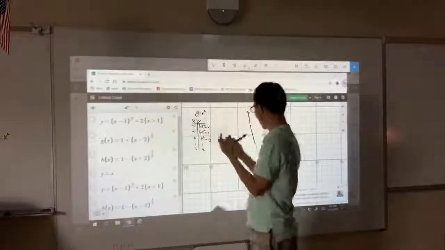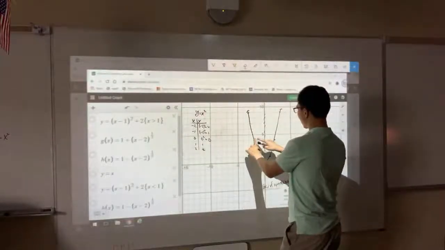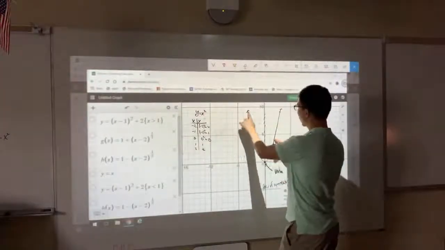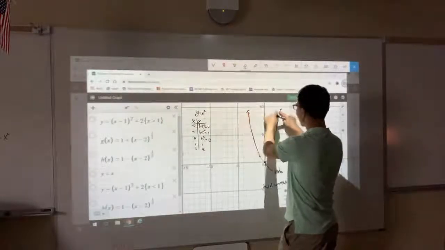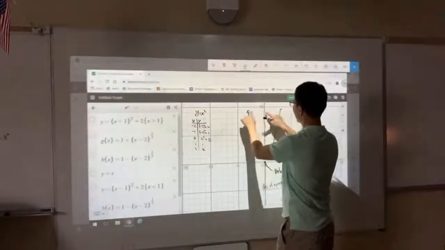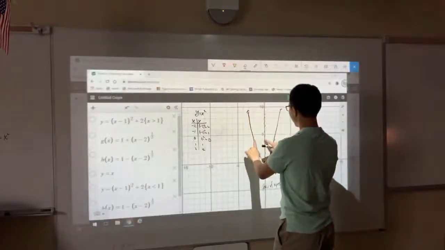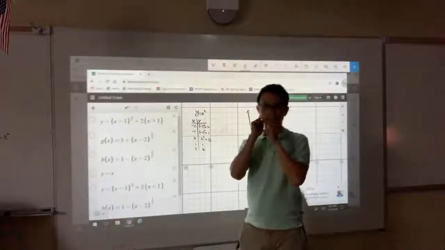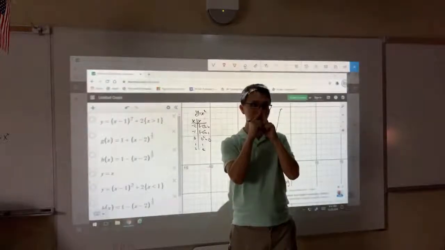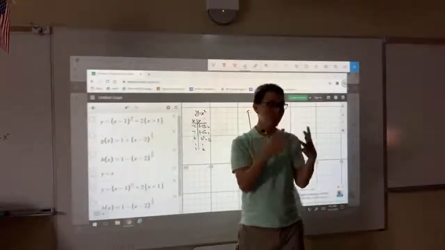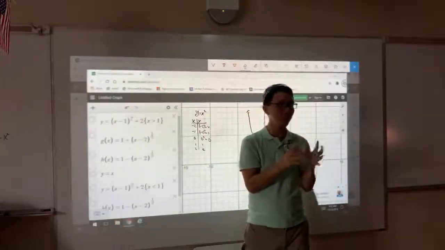That's called correspondence. This point corresponds to this point, and they are an equal distance from the axis. Your ears are exactly the same distance from your nose. That's very important to understand when we're graphing a parabola.